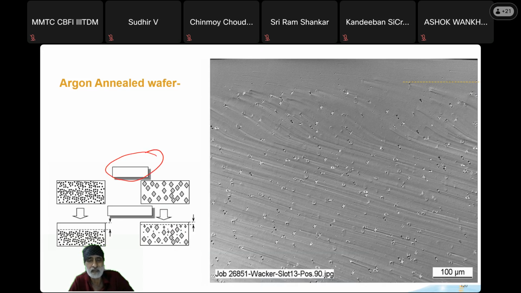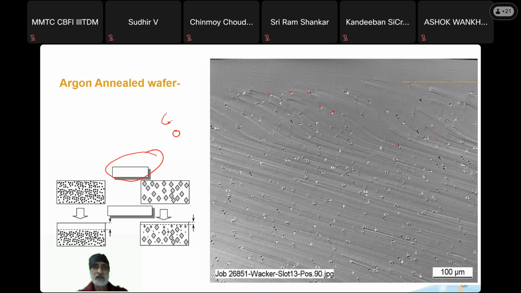Still, there may be some carbon, some oxygen, and some other atoms, but their density should be less than 10 raised to the power 9 per centimeter cube. As you are seeing these white and black dots, these are impurities sitting on the wafer. So this is not acceptable.